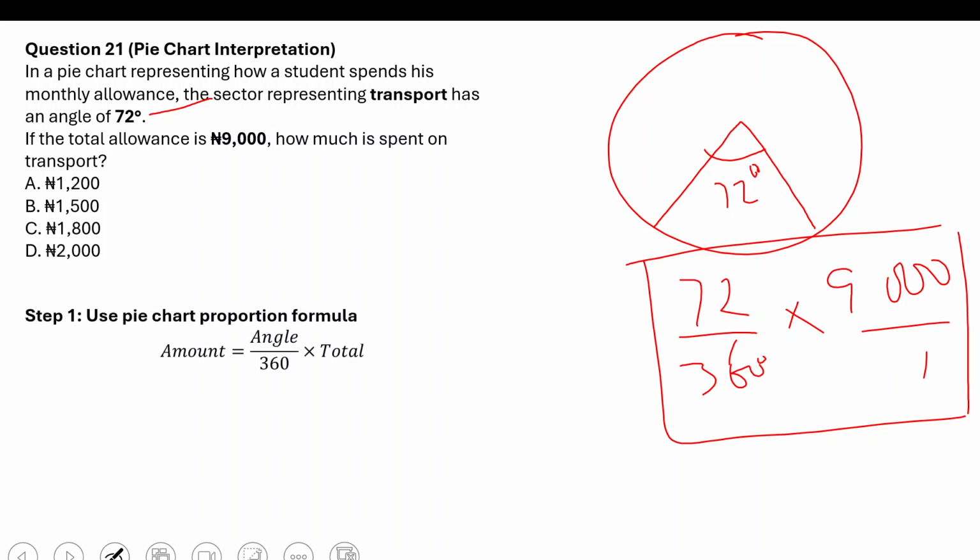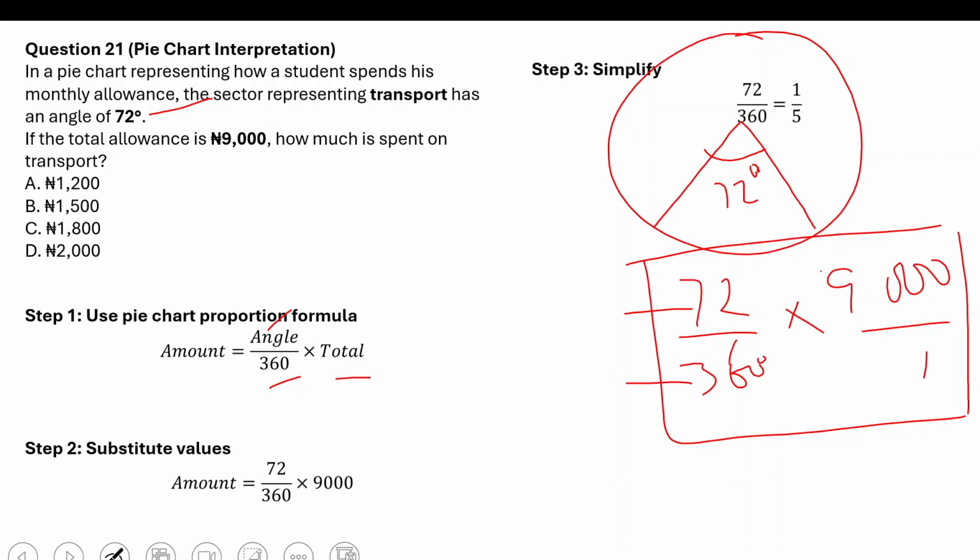Here it is angle over 360 times total. Every other thing is just simplification. The answer is 1,800. C is the answer.